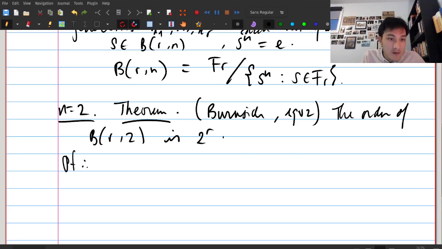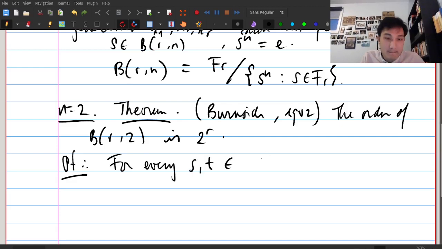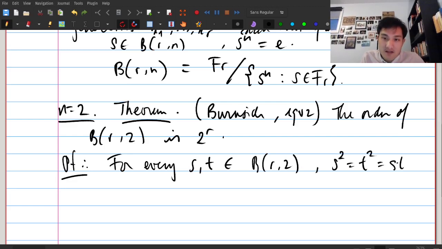So, proof. For every S and T in B(R,2), we have S squared equals T squared equals (ST) squared equals E, because every element has order 2, by assumption.